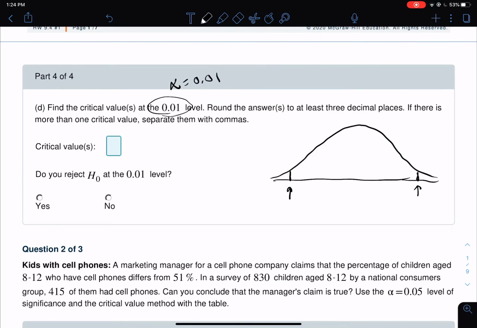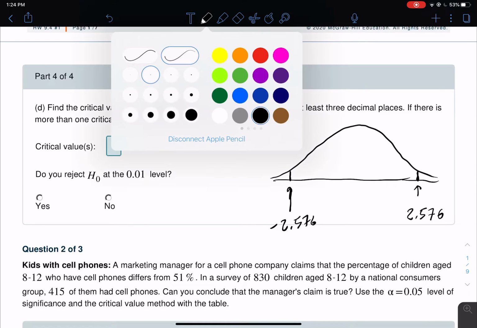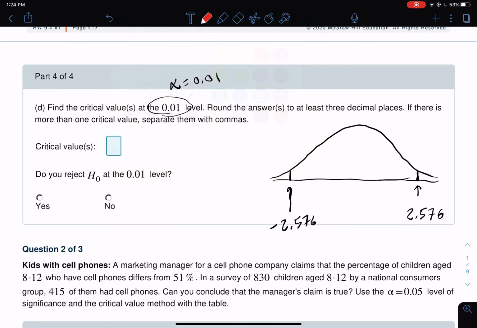So we got a negative 2.576. We got a positive 2.576. And essentially, let me draw a little picture. When we plot our test statistic, if we end up in this region, we reject.